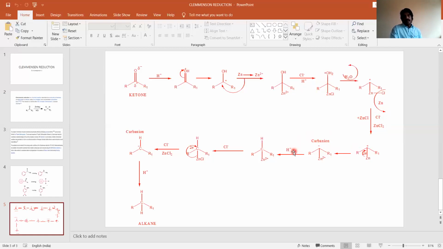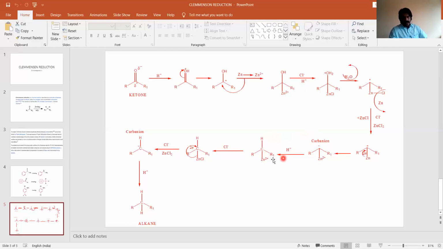Again, the third molecule of HCl is dissociated into H plus and Cl minus. That H plus will be added over the carbanion because opposite charges attract each other. So we were able to make one H plus get attached to this carbon. Now we have a structure like this.